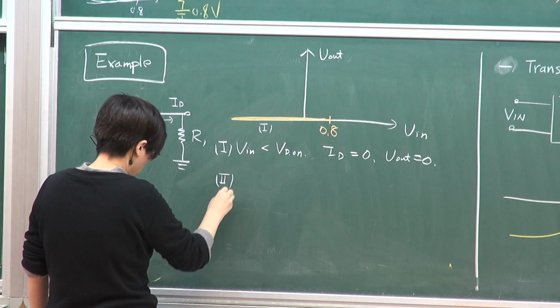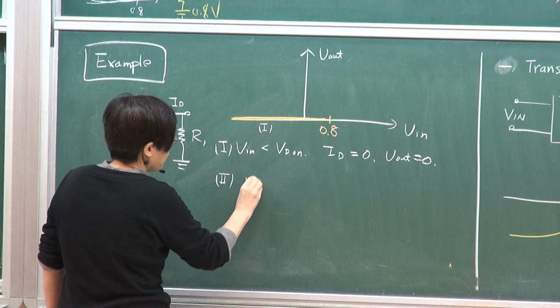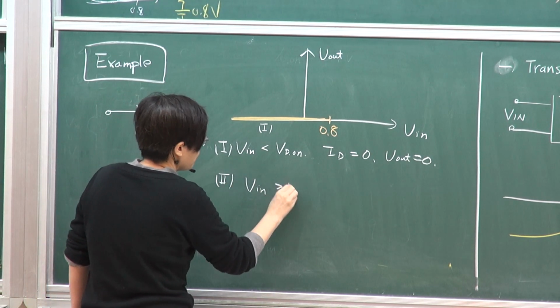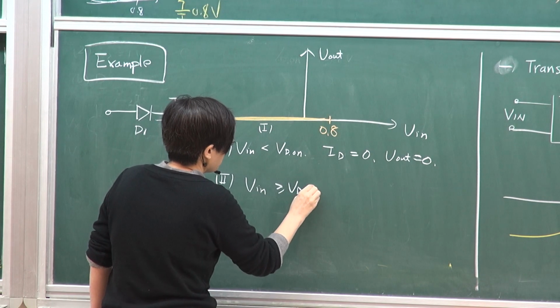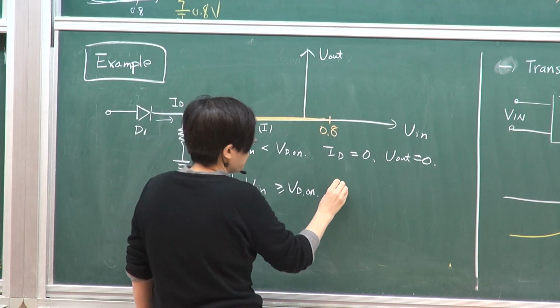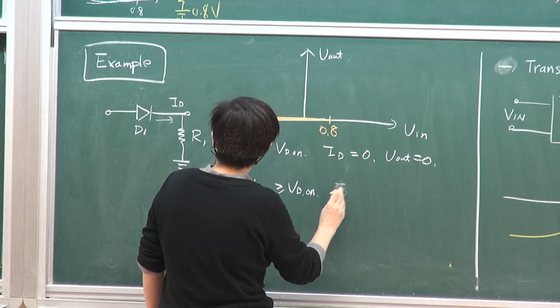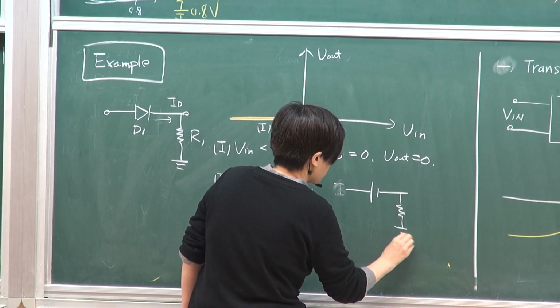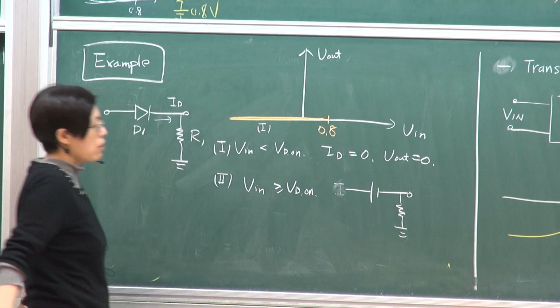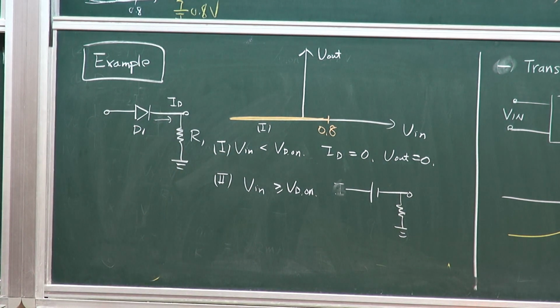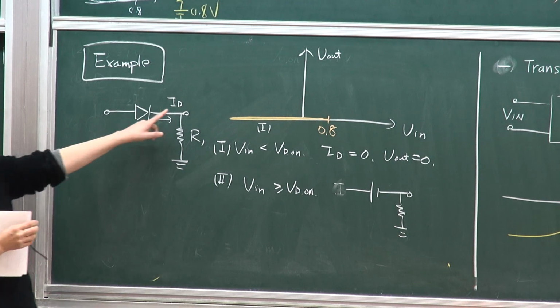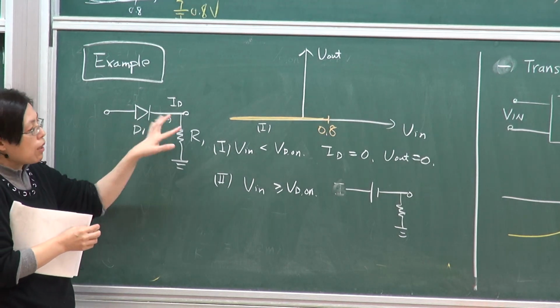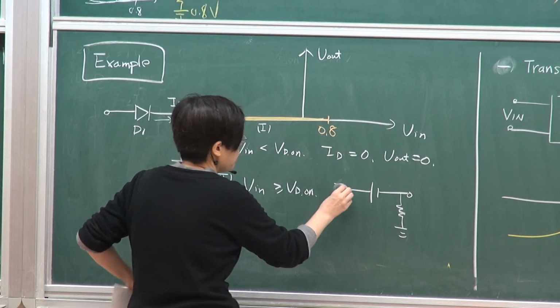In zone 2, what happens is that when Vin is larger than or equal to Vd, which is 0.8 volt, your circuit will look something like this. So basically, the diode can supply any amount of current to sustain a constant voltage drop between the two.